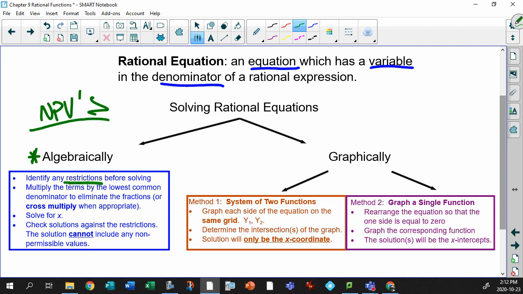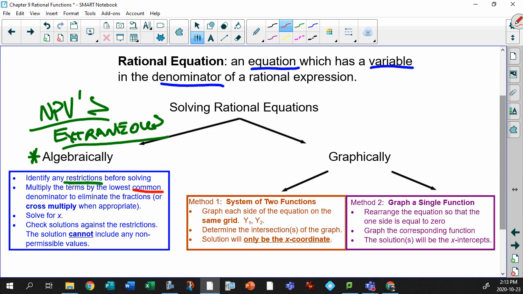One of the reasons why is because what happens if you solve this thing and one of your answers is a non-permissible value? Well, then you can't use that value, can you? So in other words, that becomes, do you remember this? Extraneous solution. Yes. Math 20-1 is coming back to haunt you, isn't it? Now, what are ways of solving this algebraically?